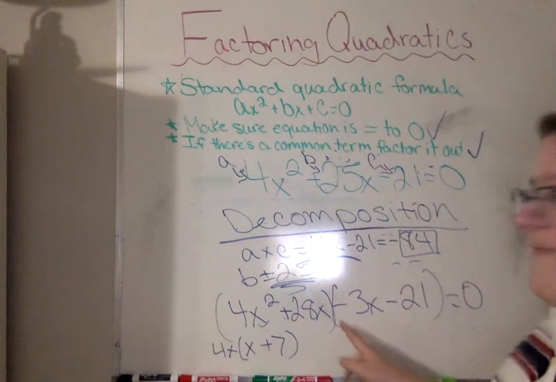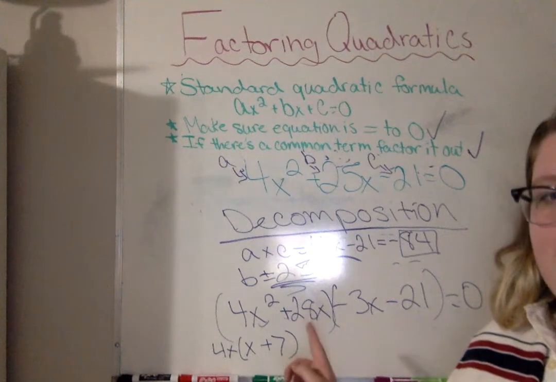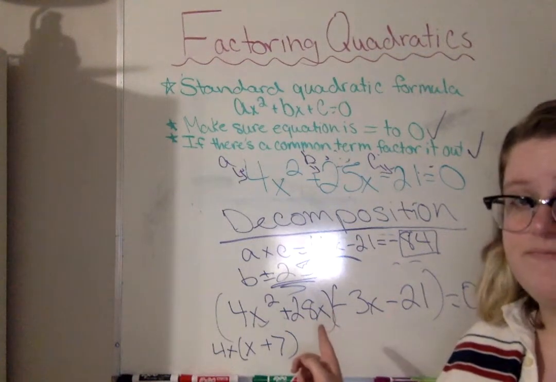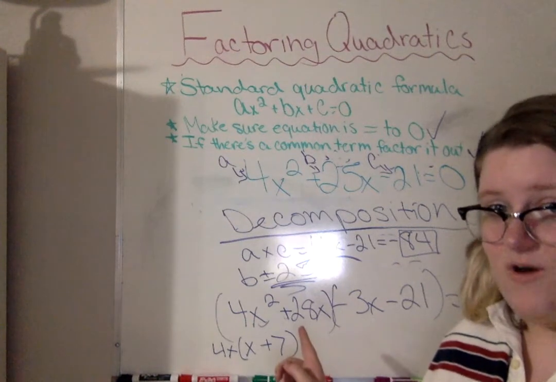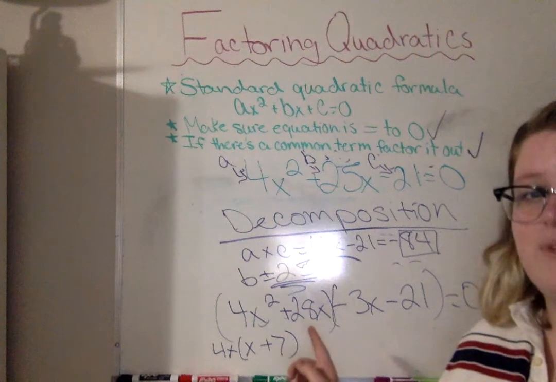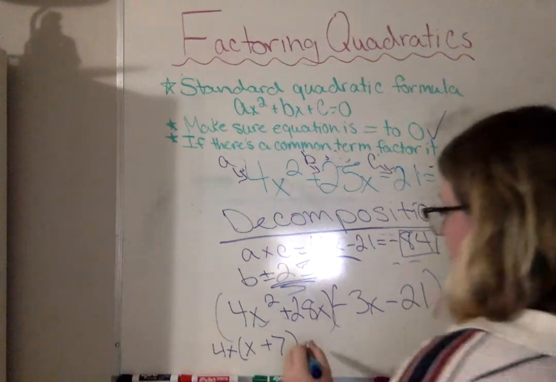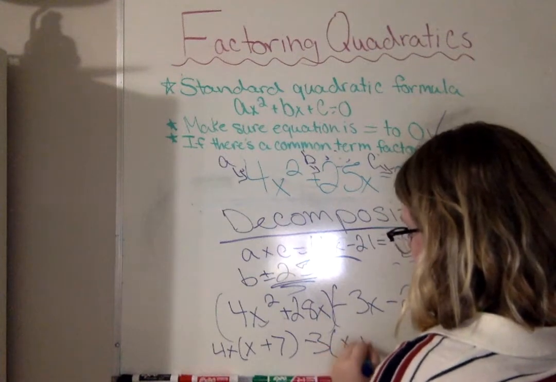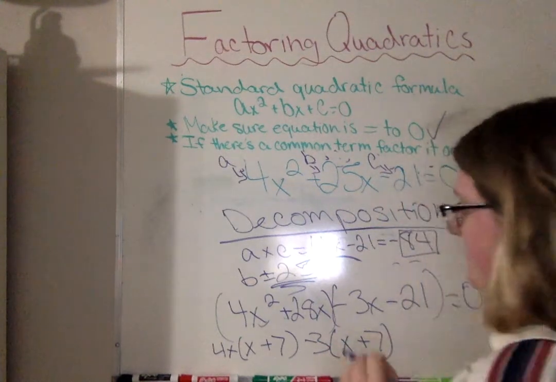Now, what can be factored out of negative 3x minus 21? I'll give you a sec. Whoever said negative 3, you are correct. Negative 3 can be factored out to give us x plus 7.